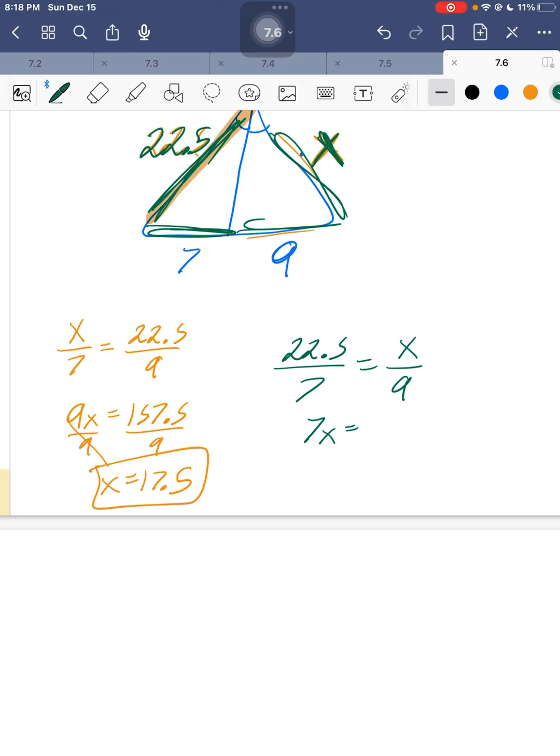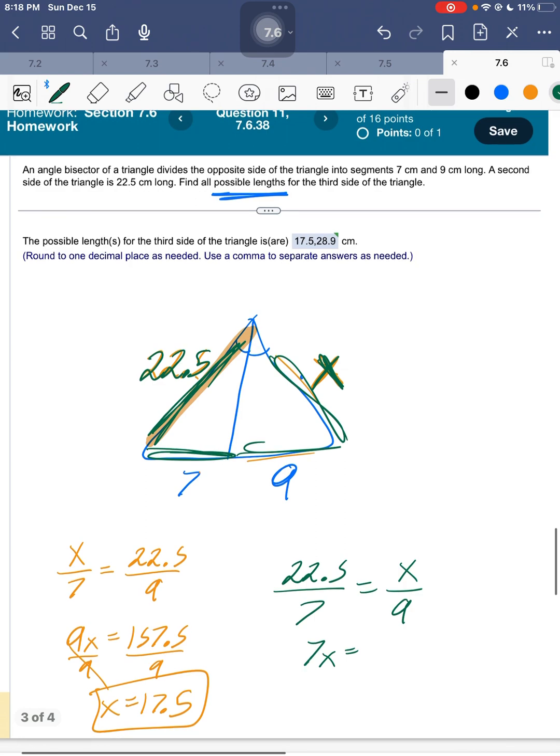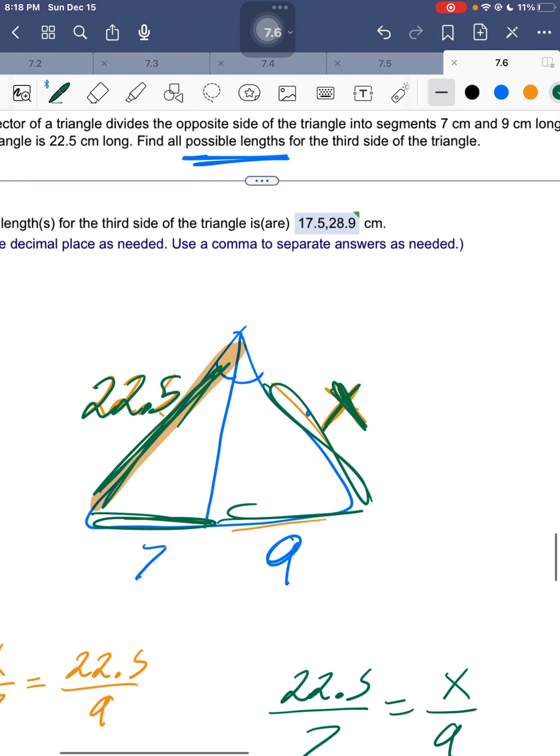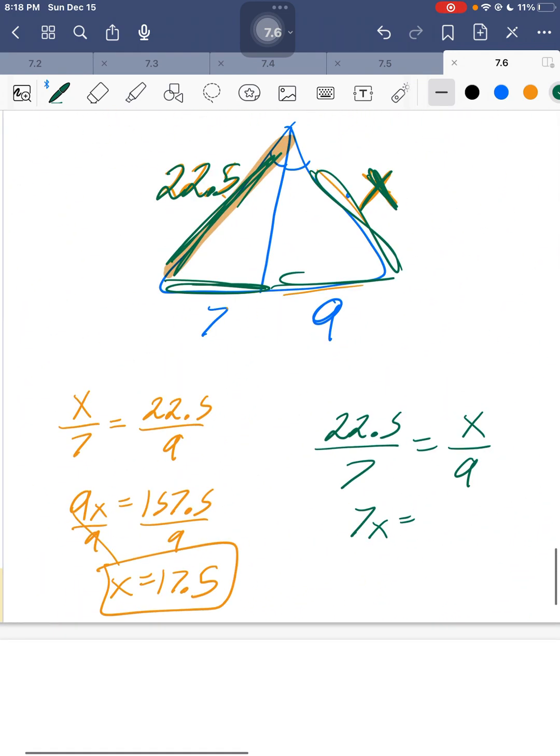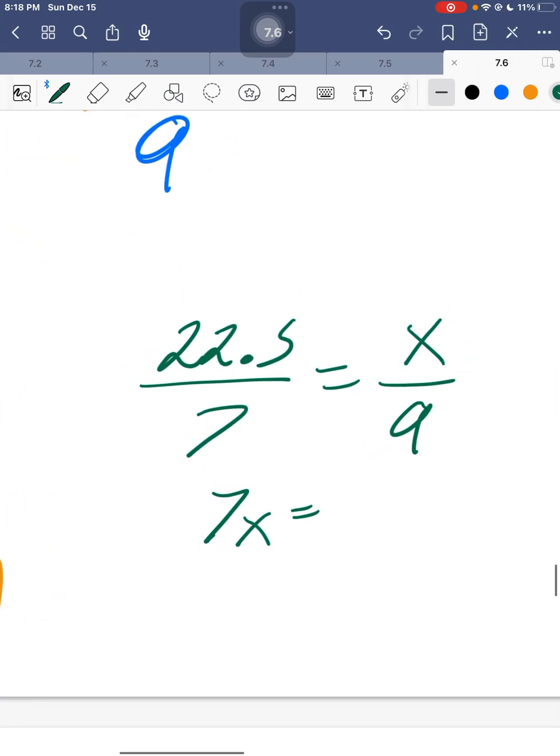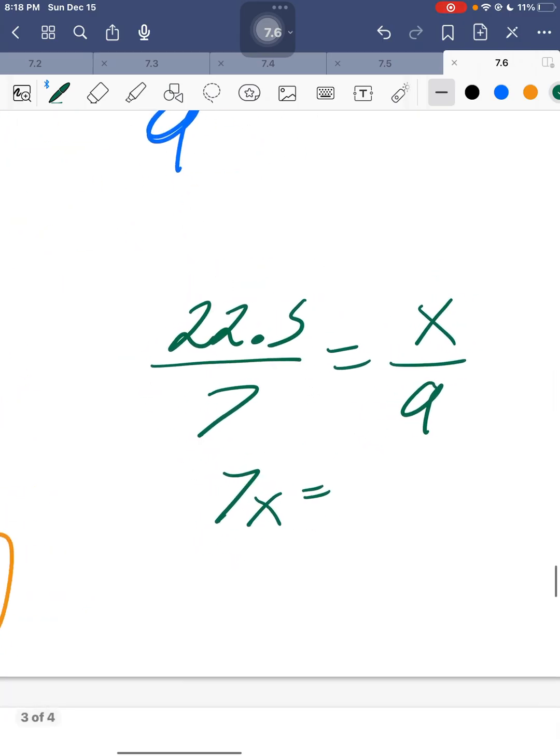So you guys can do the math here. Luckily it was the last question. So 22.5 times 9 is 202.5. Now I write 202.5 next to the 7x equals, and I divide by 7, so my answer is 28.9.